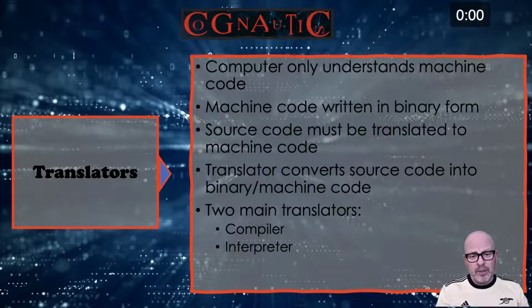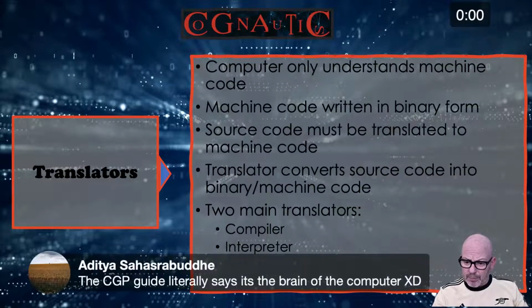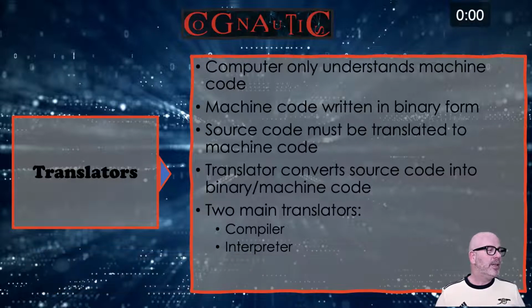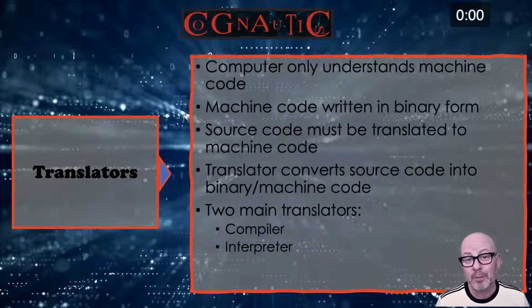So we know that computers can only, and we're going to use Flynn's word interpret, the CGP guide. Yeah, I know. And I wouldn't mind if that CGP guide was the Key Stage 3 one, but they're caught between two places because they're trying to think of a way of explaining the CPU so it makes sense.